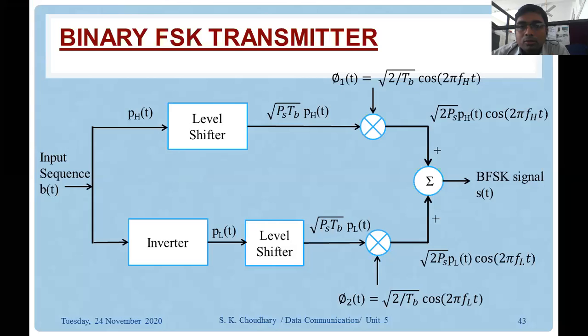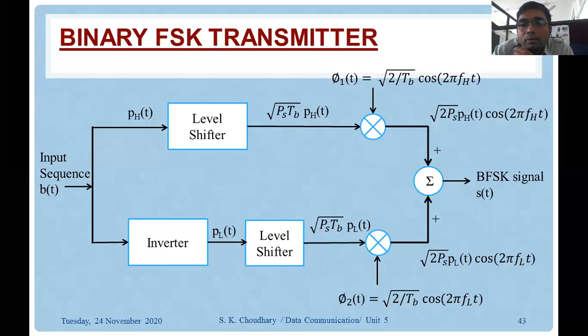Please draw this diagram. This is the actual binary FSK transmitter, the detailed diagram. Here you can see an input sequence B(t) is used, and at the same time there is a level shifter PH that varies from 1 to 0 depending upon the value of d(t).